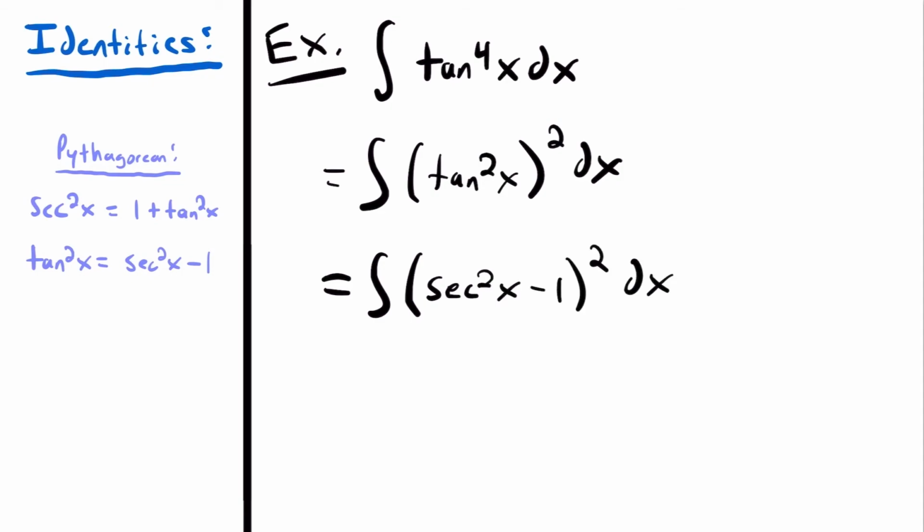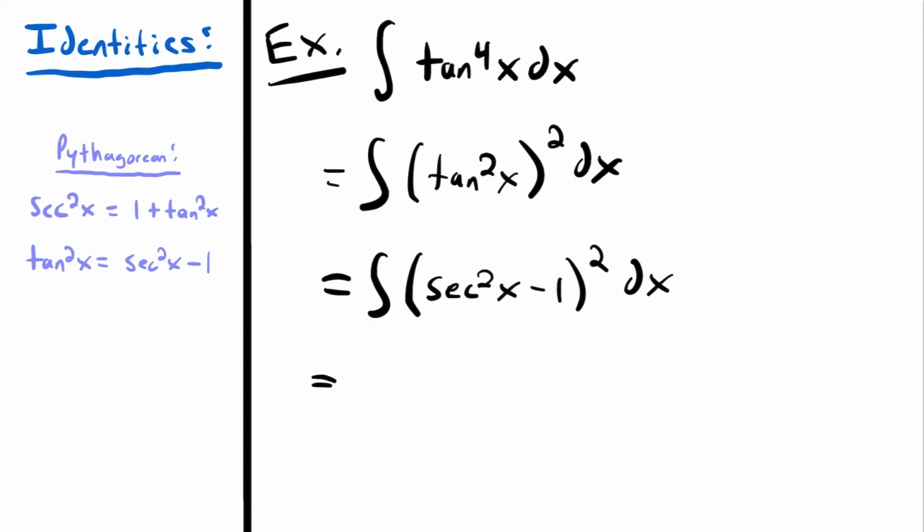All right, and so now what we can do is expand this quantity that is squared, and we'll have three different terms that we can then integrate individually. And so I'm going to use a little trick here again to square this quantity quickly. We will square the first term, then add the two terms multiplied together, then multiplied by 2, and then add the last term squared.